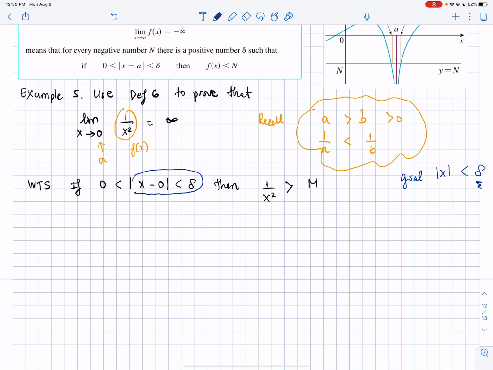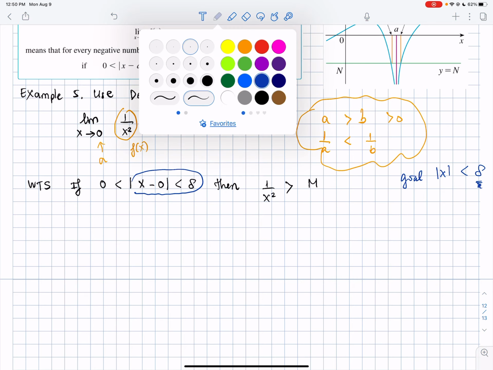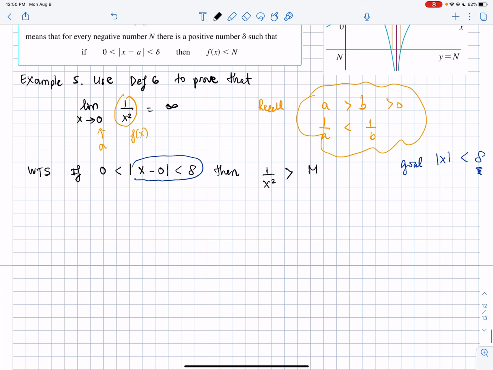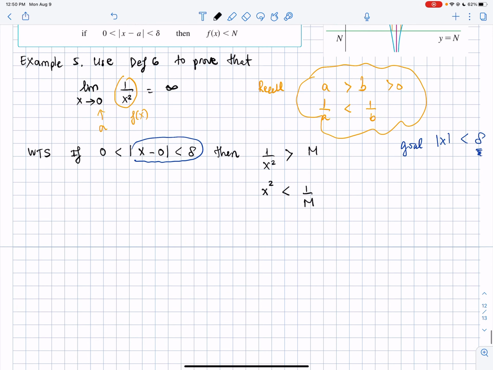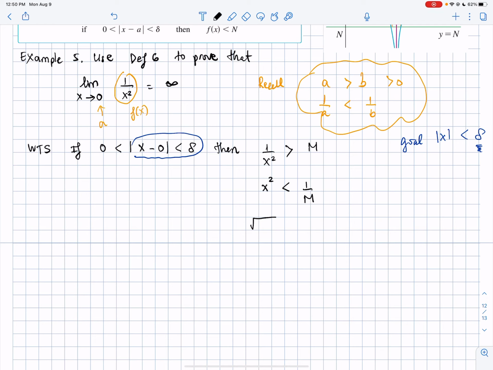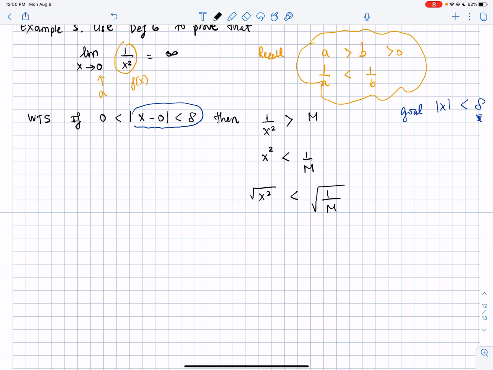So we will compare the delta and the M to see the correspondence between them so that we can choose the delta. This means that I take the reciprocal of both sides. So I will get x squared less than 1 over M. Then we take the square root of both sides, and the square root of x squared is the absolute value of x, and this is what we want.